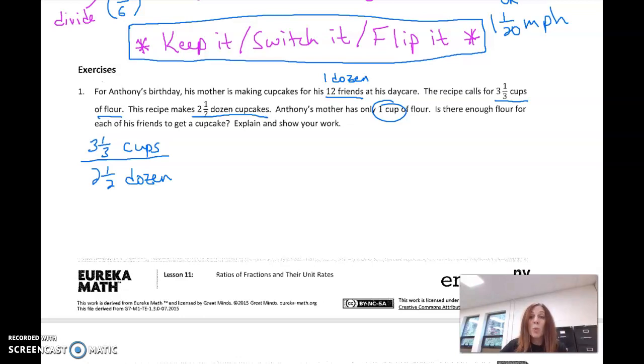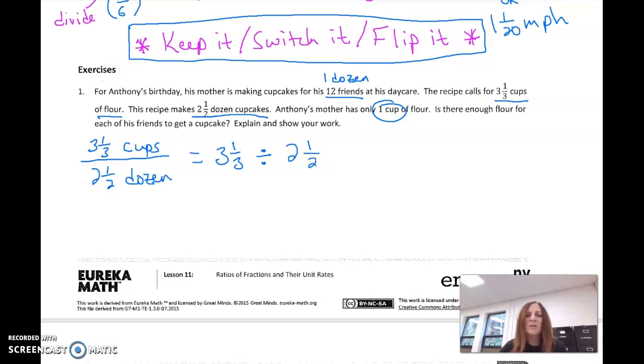So we want to do cups per 1 dozen. So we have to again identify this as a division problem. So I'm going to rewrite this as 3 1/3 divided by, with the division sign, 2 1/2.